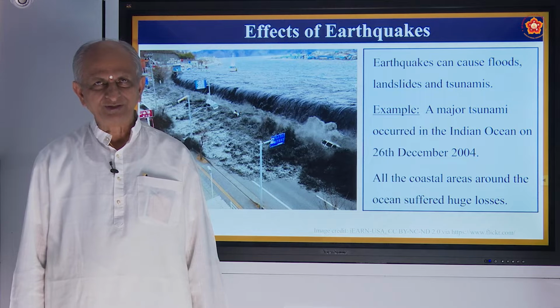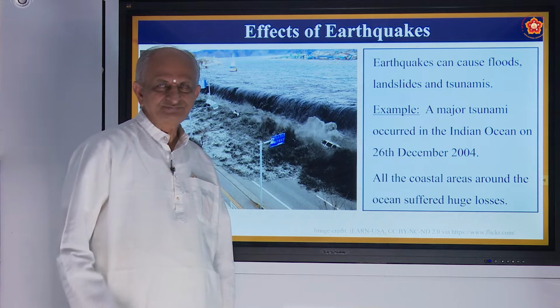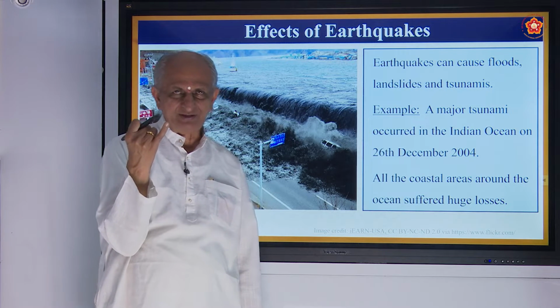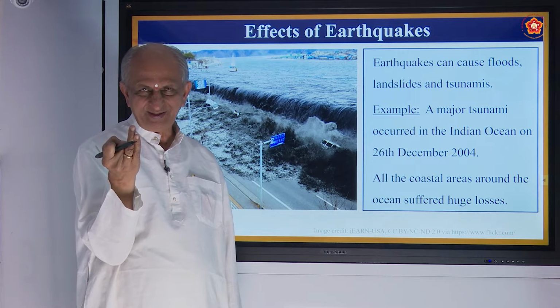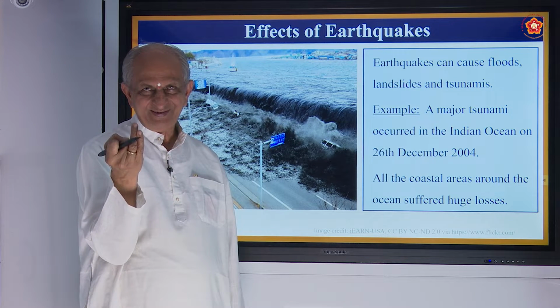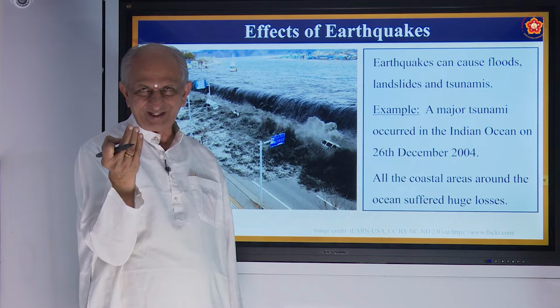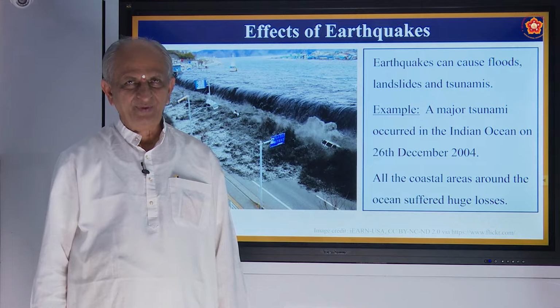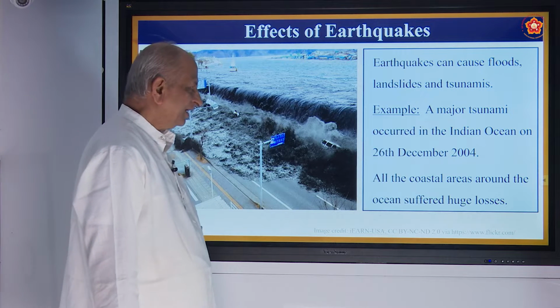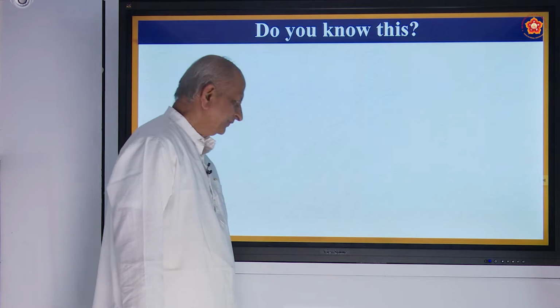Can you name one more natural calamity? Yeah, tsunami is a natural calamity, then earthquake, then lightning also is a natural calamity, then landslides due to heavy rains. So they are all calamities.